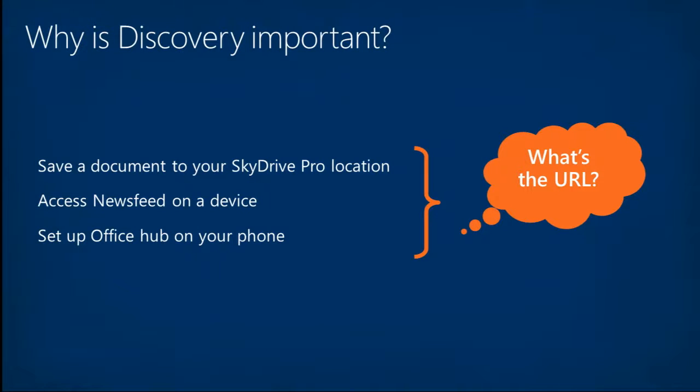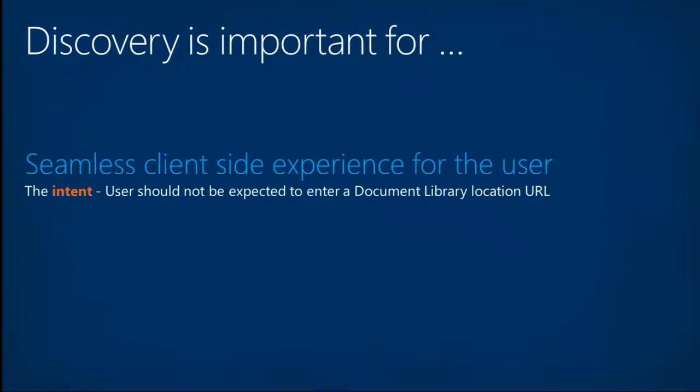And this is the problem that we wanted to solve. And we wanted to solve this in a very seamless fashion, because the intent was to not expect the user to enter the URL. We just wanted to present the user with something so that the user can just choose from maybe a list or maybe from one option. If you want to draw parallels, it's very similar to how Outlook and Exchange work with each other.